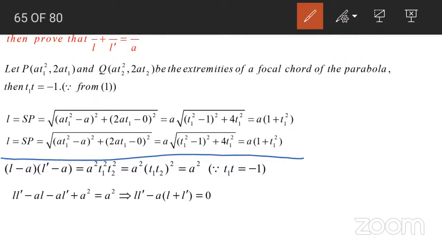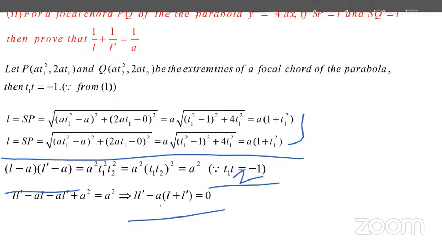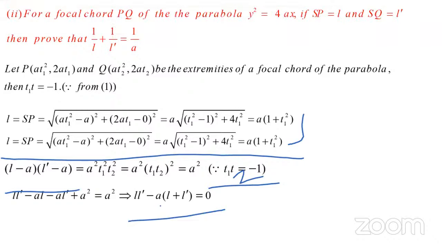Multiply these two, you will get a square t1 square t2 square. Substitute t1 t2 equal to minus 1. Then the left hand side also expands. Lastly we get the required answer: 1 by L plus 1 by L dash equal to 1 by a.